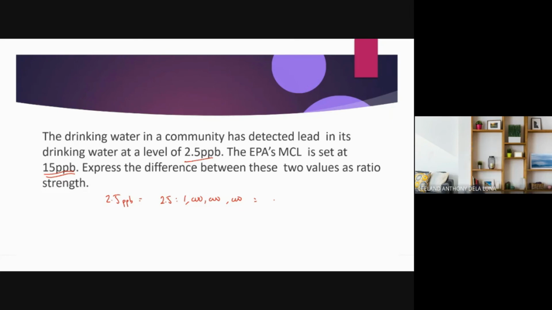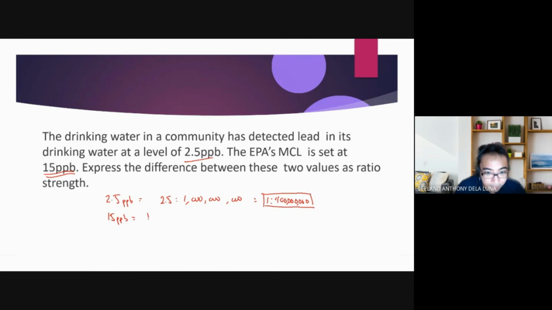That's 1 is to 400 million. 1 is to 400 million yun, ang current lead levels.